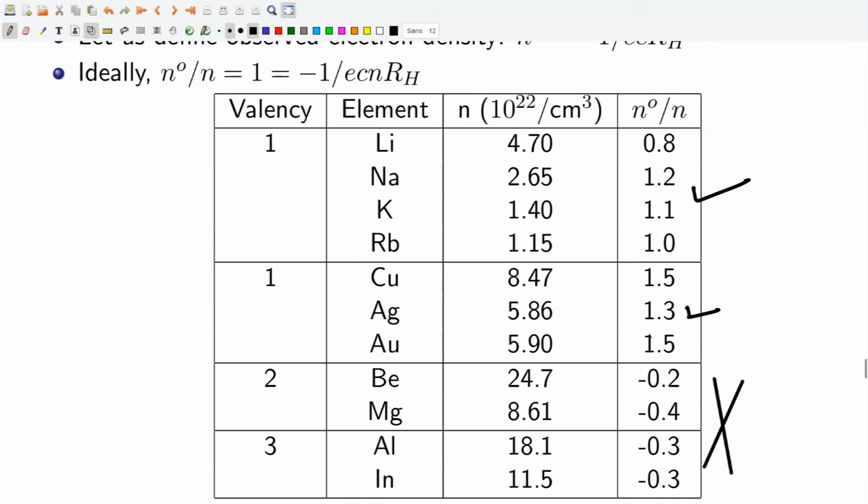You see the minus sign here where we have a plus sign over here. So this implies that if the electrons are charged negatively in the case of monovalent metals, the electrons are charged positively in the case of divalent and trivalent metals. But this does not make any sense.